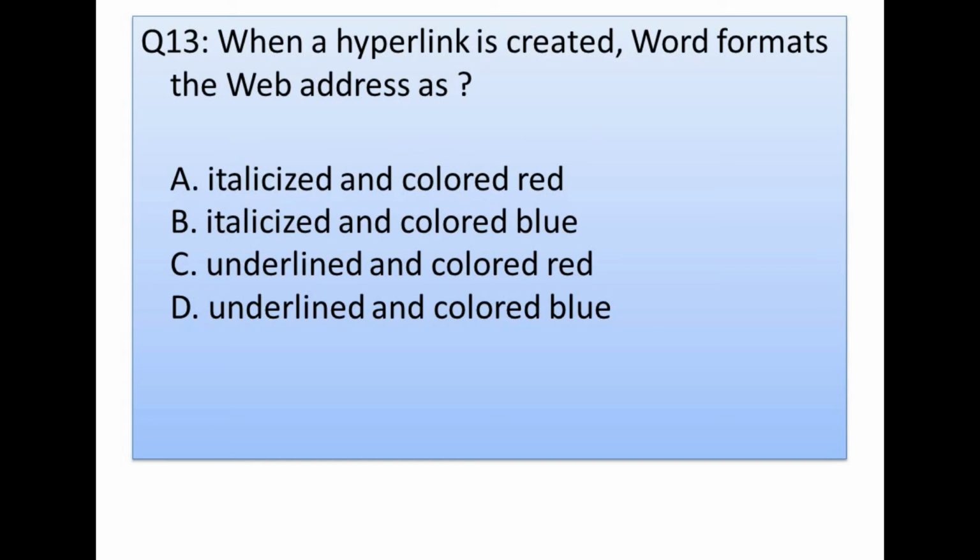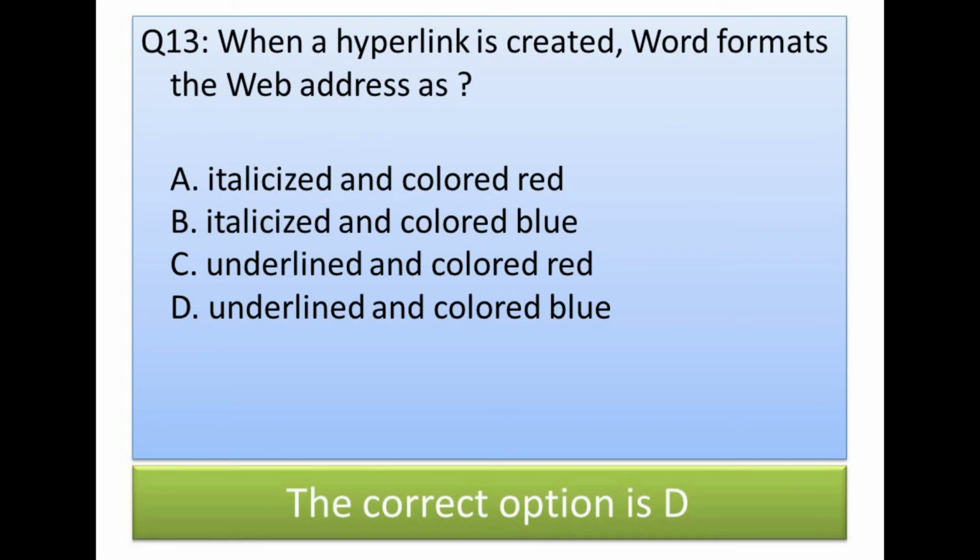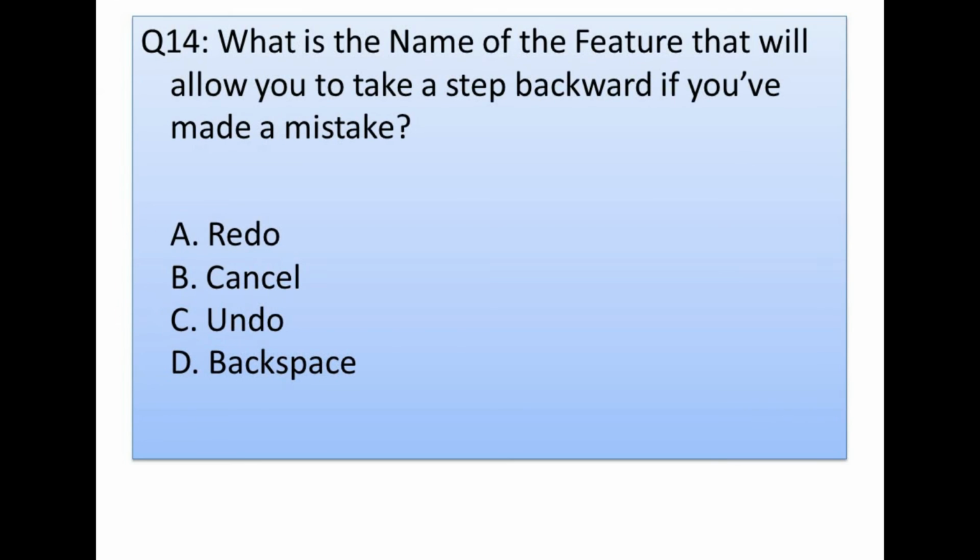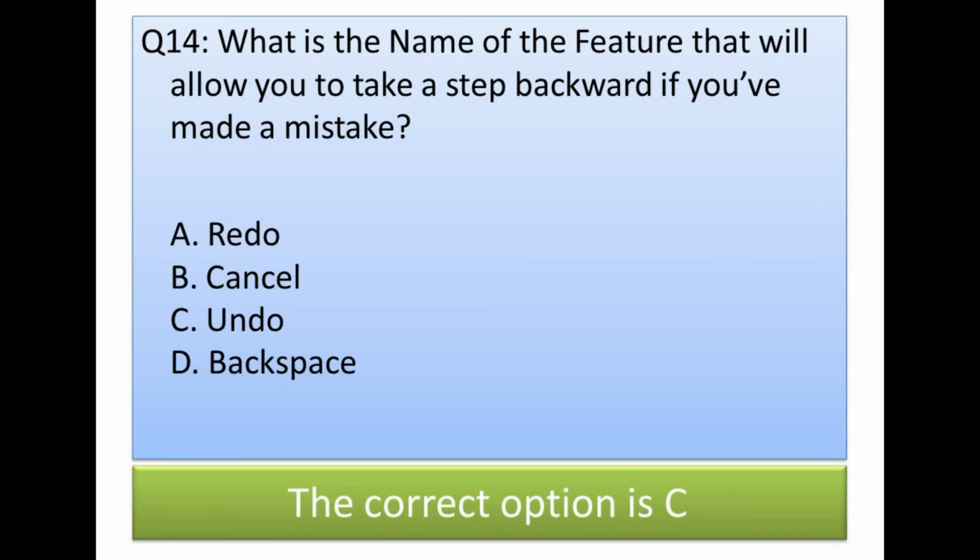Italicized and colored red, italicized and colored blue, underlined and colored red, underlined and colored blue. The correct option is D. What is the name of the feature that will allow you to take a step backward if you have made a mistake? Redo, Cancel, Undo, Backspace. Correct option is C.